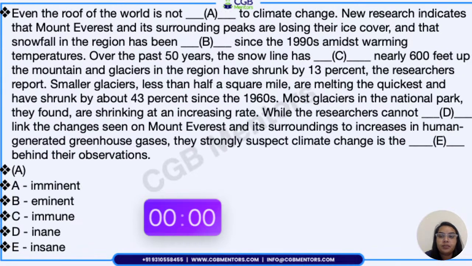We will do this close test now. Here are the words.